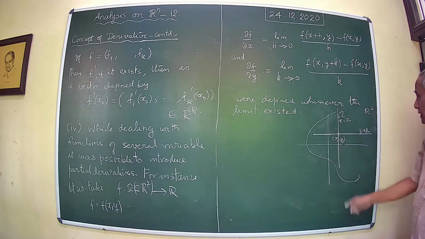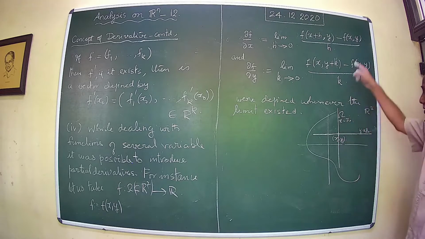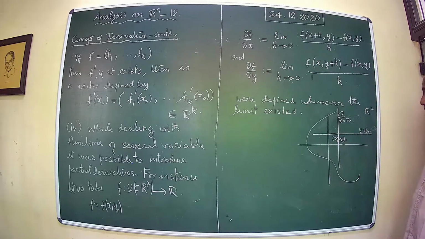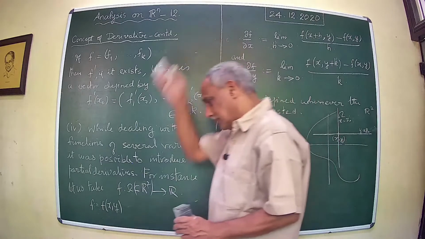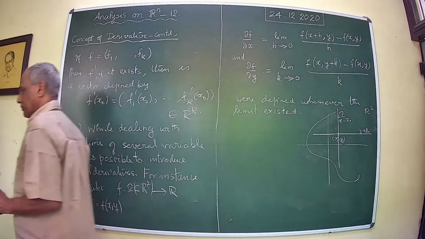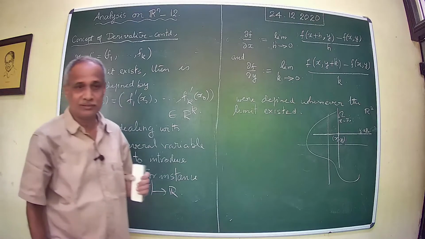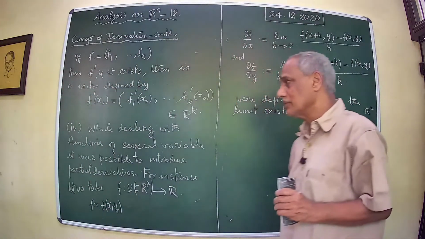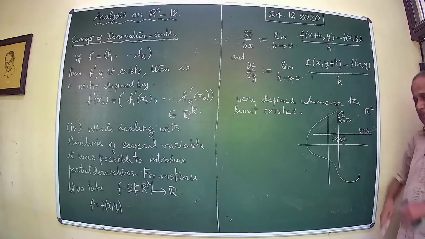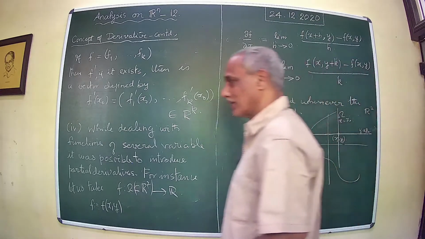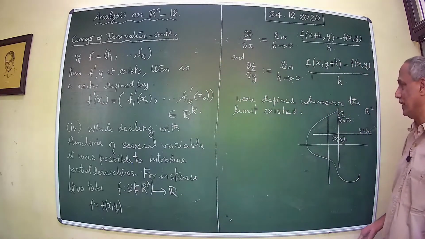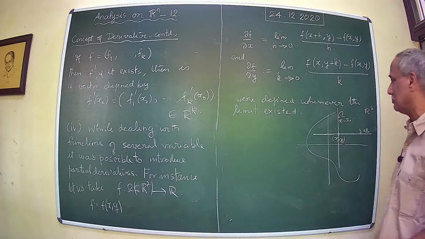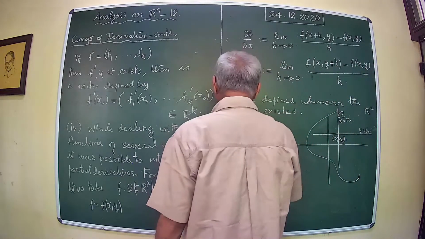And on the line x equal to x naught, you get a function of y defined, and then you talk about the derivative with respect to y. So we were defining derivatives along the verticals and the horizontals, whenever the limit exists. That is possible because you are still working in one dimension, and the division by the increment was well defined. So there was no problem at all.